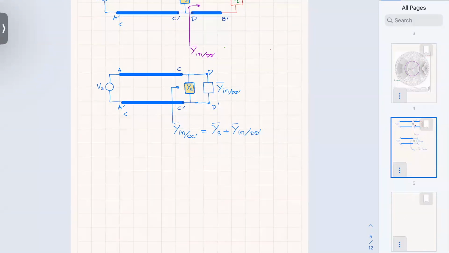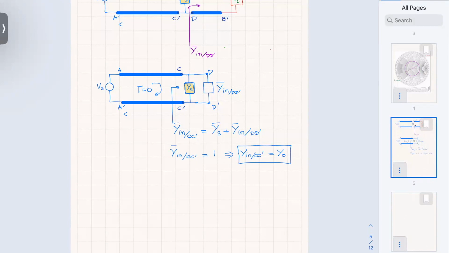Okay, now I want to make zero reflection here. I want to make Y input at CC prime normalized equal to 1. Or I want to make, as we discussed before, the Y input at CC prime equal to Y naught.